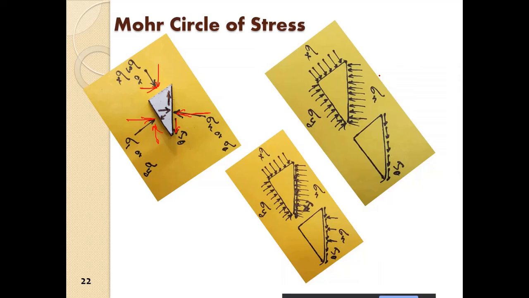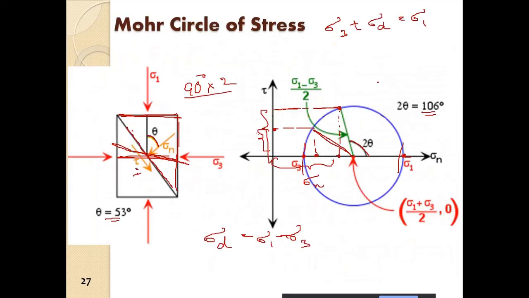So we can say sigma d is equal to sigma 1 minus sigma 3, since sigma 3 changes sign when moved to the other side. That is the diameter of this Mohr circle.